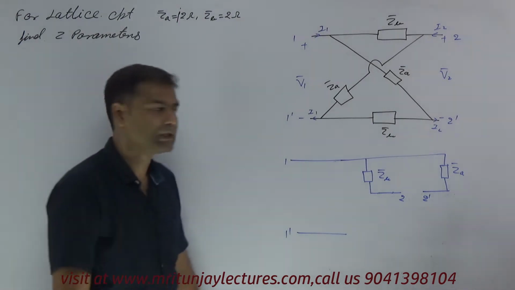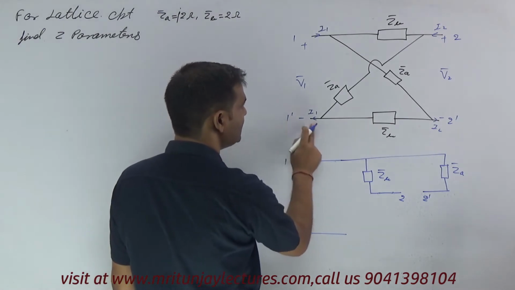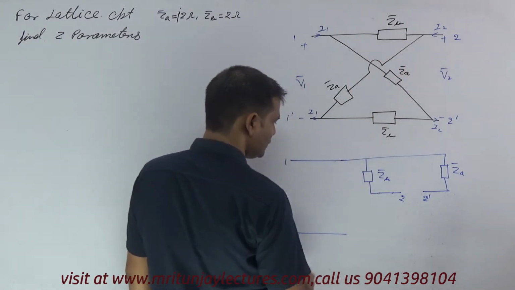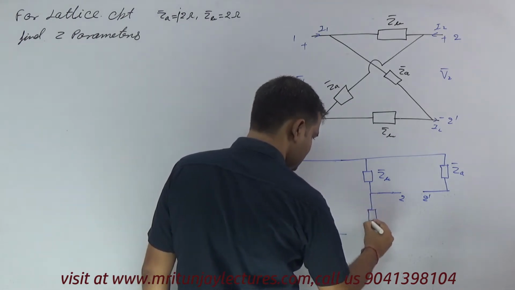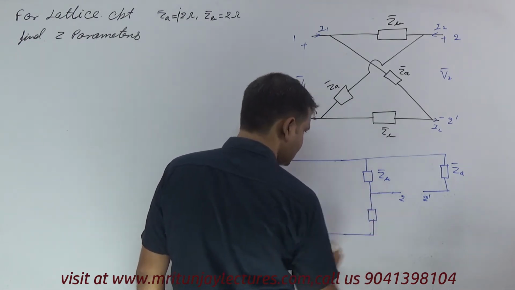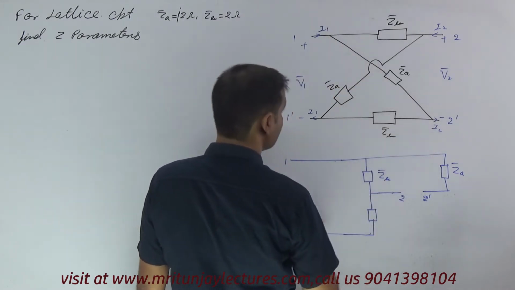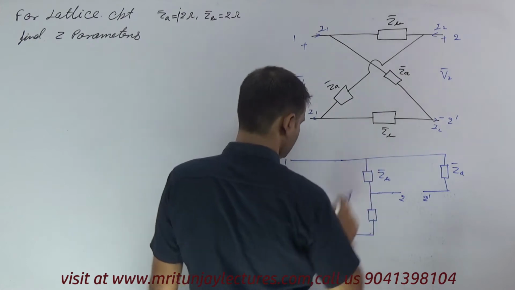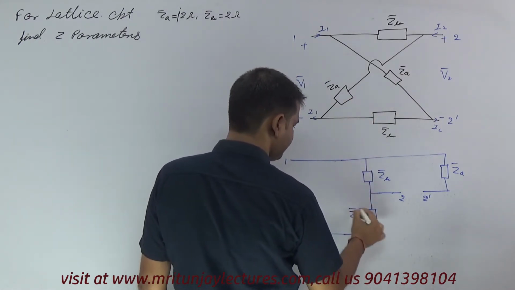Okay. Now another way. 1 dash connected to 2. It means this one connects like this. Sorry, 1 dash connected to 2, that is ZA.